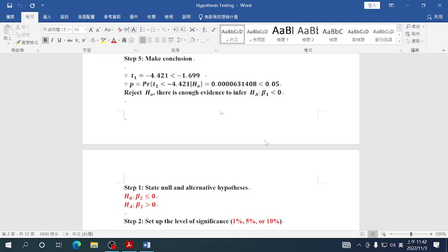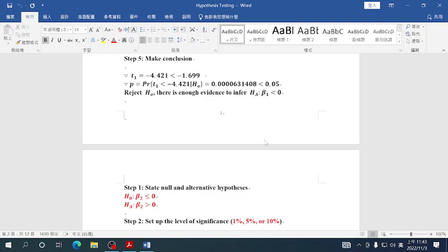This is always the formal statement we say. Always reject the null hypothesis or do not reject the null hypothesis. Then, if we reject the null hypothesis, it means we have enough evidence to infer the alternative hypothesis. Always infer the alternative hypothesis because this is the purpose we wanted, the research hypothesis. Understand what I'm saying here?